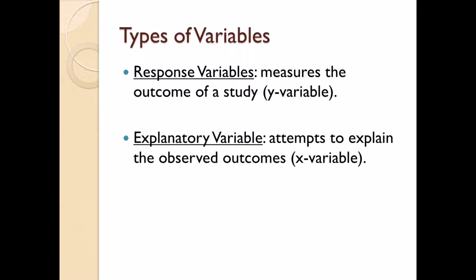So you would put heat on the horizontal axis. How much somebody perspires would be a response to the heat, so it would be the response variable, and it would go on the vertical or the y-axis. Not everything has a clear-cut relationship like this. We'll get to that in a moment. But explanatory and response.